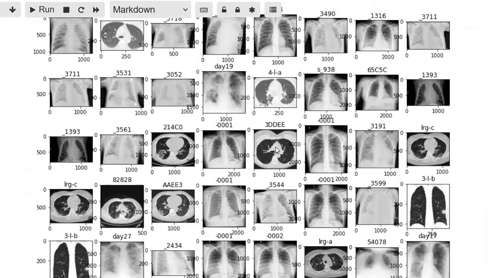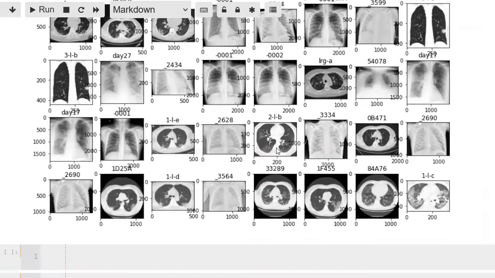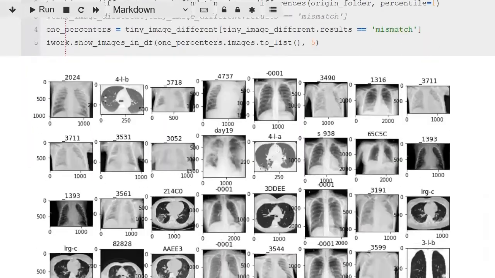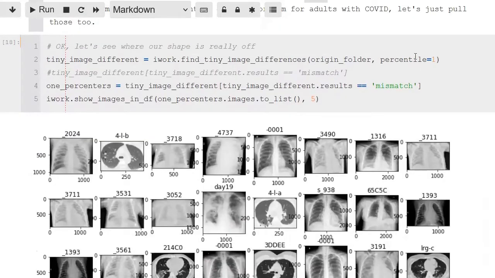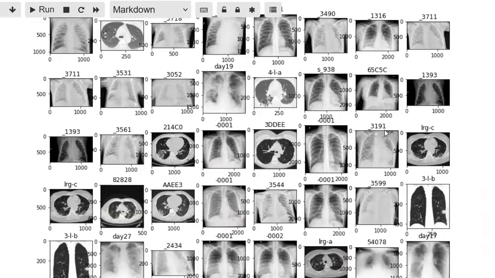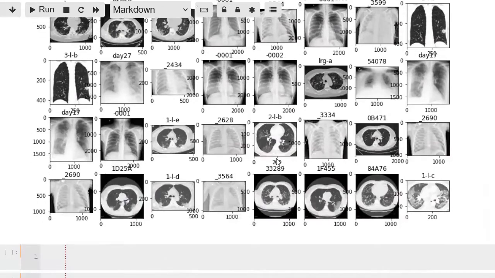Now, some of these images are fine, but the point is that instead of looking at 5,000 images, we can now look at the 1% that most outlie by certain parameters and quickly pull them out. So in a matter of minutes, while sipping coffee, we can clean up our data set a lot. We don't have to look through all 5,000 images to get the true outliers, which maybe are images that never should have been in such a data set if we want to create a quality machine learning project.